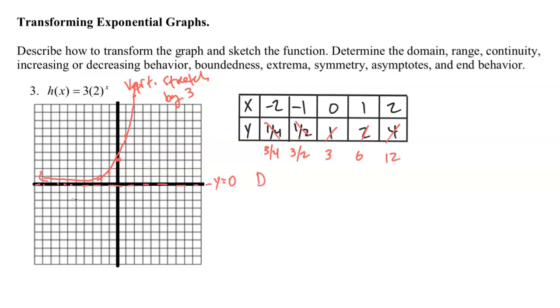And so again, just jumping into some of these characteristics, my domain will be -infinity to infinity. My range, 0 to infinity. It is a continuous function. This time it is an increasing function on its entire domain. It is bounded below. Once again, as you can see, we can draw a horizontal line below the graph. There is no extrema, there's no symmetry.